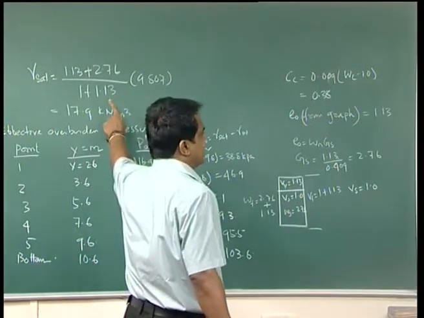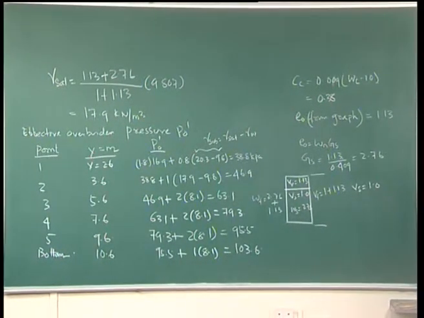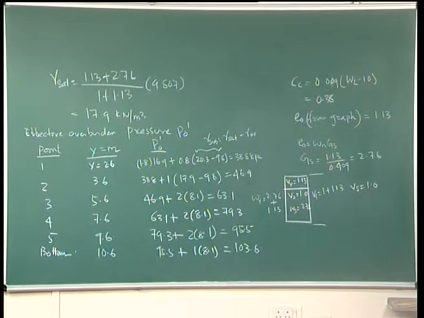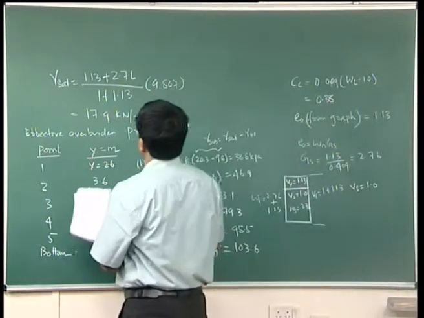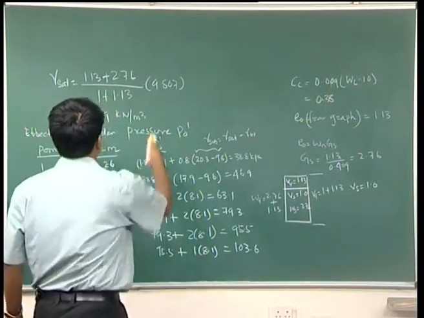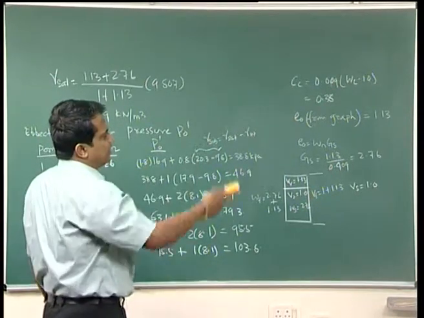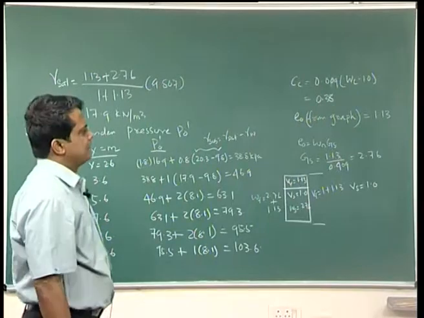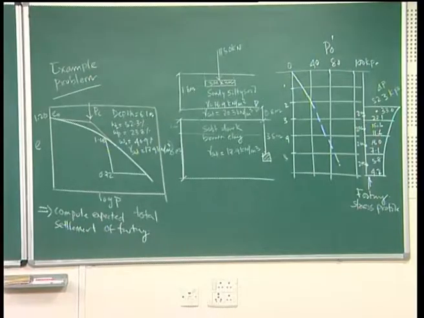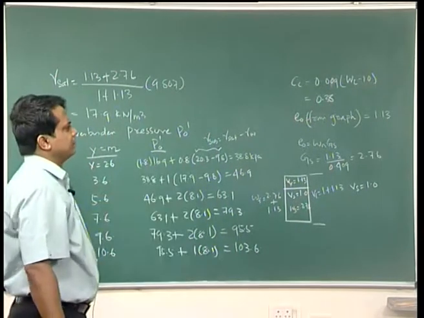Here gamma saturated is not given initially, so we get it from E 0 plus Gs by 1 plus E 0 into gamma W. Once you get gamma saturated, the whole profile is known, and for the bottom clay gamma saturated is given. So the effective overburden pressure P 0 prime you can calculate from here.